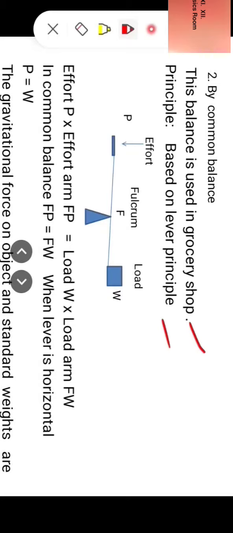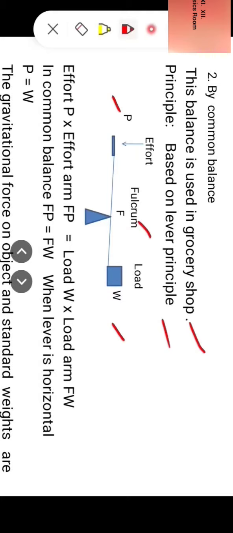Look at the diagram. P is the effort applied at one end of the lever, F is the fulcrum, and W is the load to be lifted. So effort P into effort arm FP is equal to load W into load arm FW, which constitutes the principle of this lever.